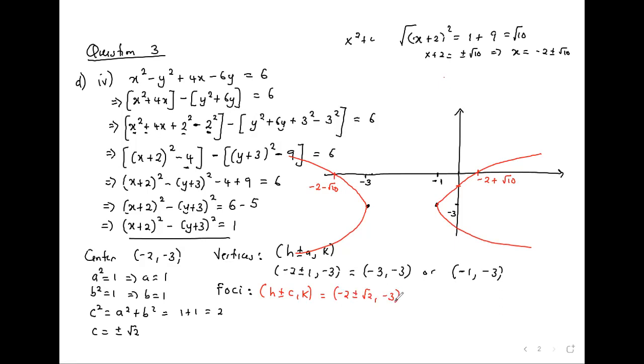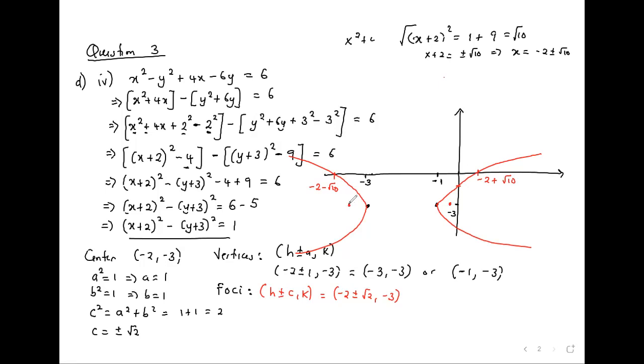So we have −2 plus root 2. Root 2 is a bit bigger than 1, so this number is negative. So it's sitting somewhere here as a foci, and the other one will sit somewhere here as a foci.